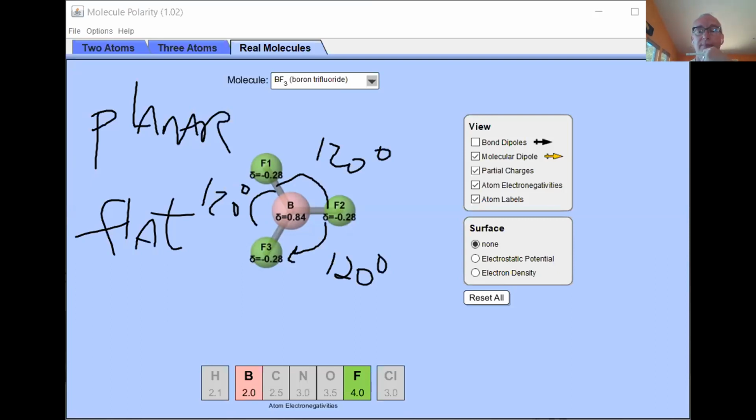And when we look at the bond dipoles added together, let's have a look. They're all pointing away, but notice they're pointing at 120-degree angles from each other. And so when we add them together, what do we get?